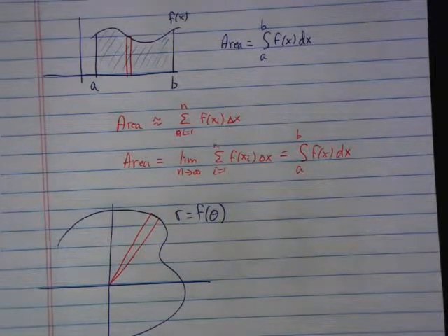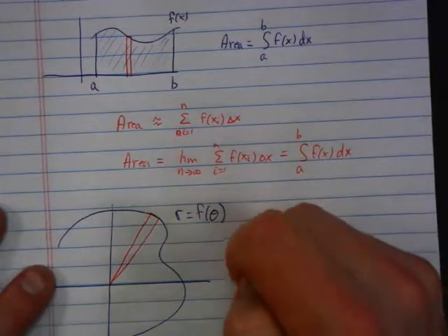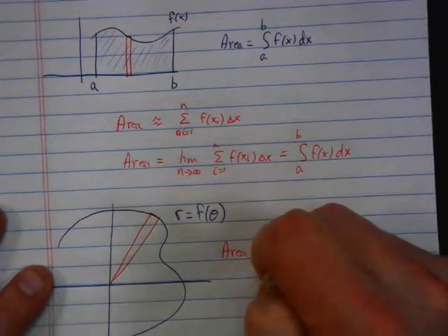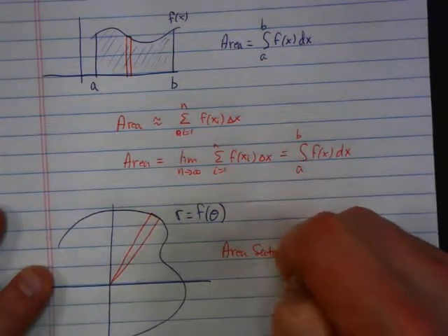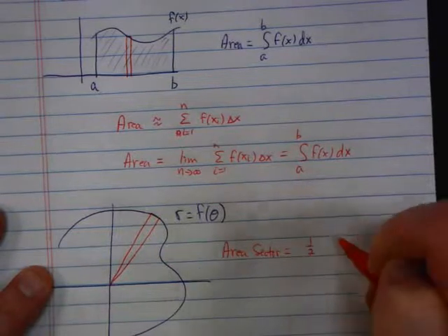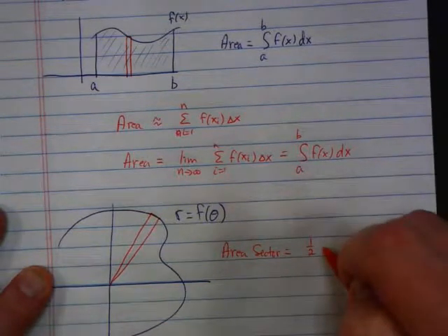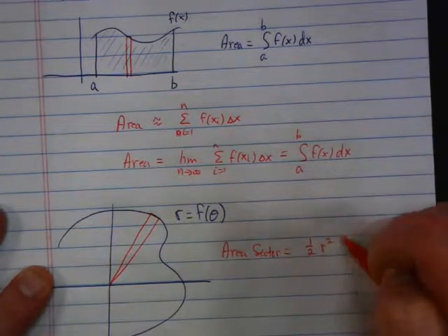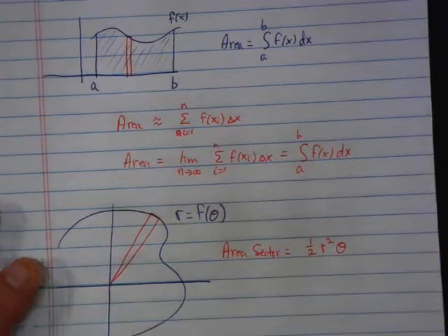So does anybody remember the formula for the area of a sector of a circle? No, I didn't expect you to remember that. So the area of a sector is 1/2 times the radius squared times theta.